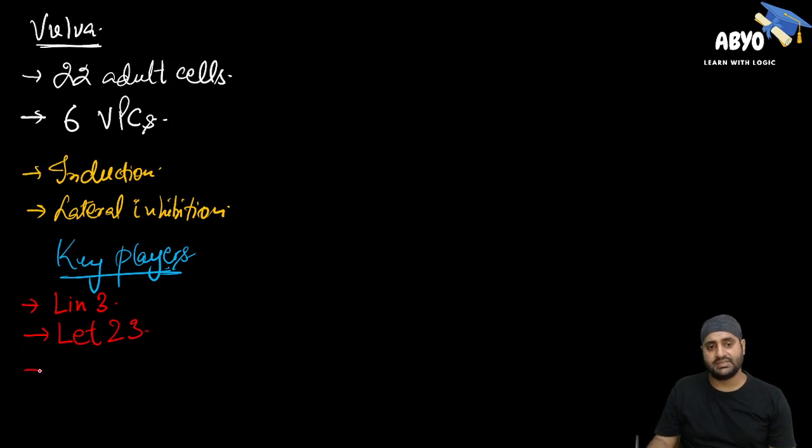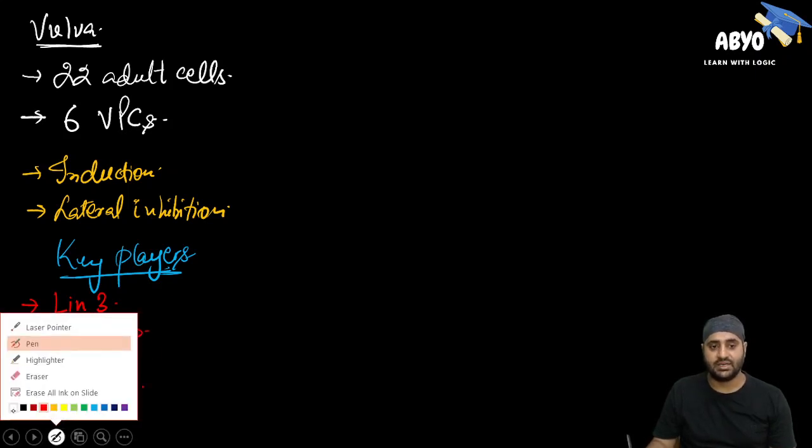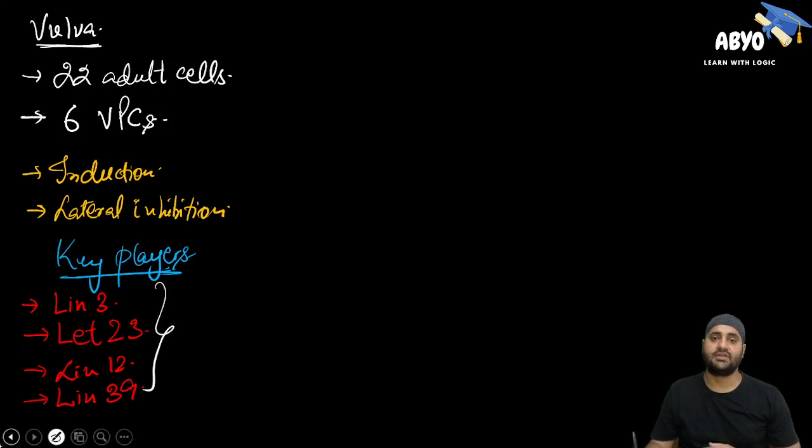Another key player is Lin12, and one more key player is Lin39. These are the major key players in this vulva development. All right, let us see these one by one.